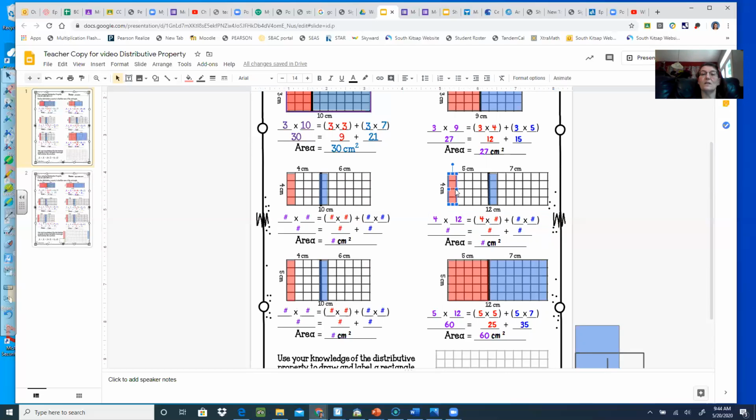So I need to stretch this so he takes up the right amount of space on the shape. 4 rows of 5. So now I've got my 5 in there. 4 rows, make that guy 5, of 7. So I need to stretch this so that it takes up 7.